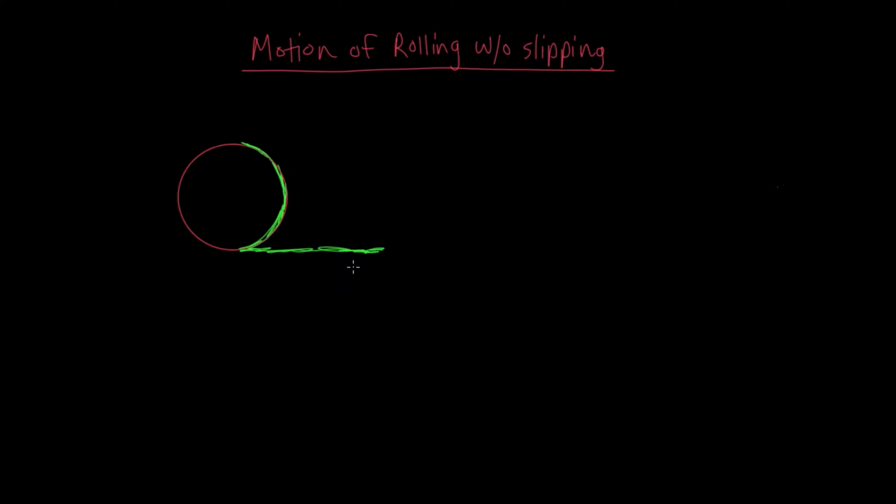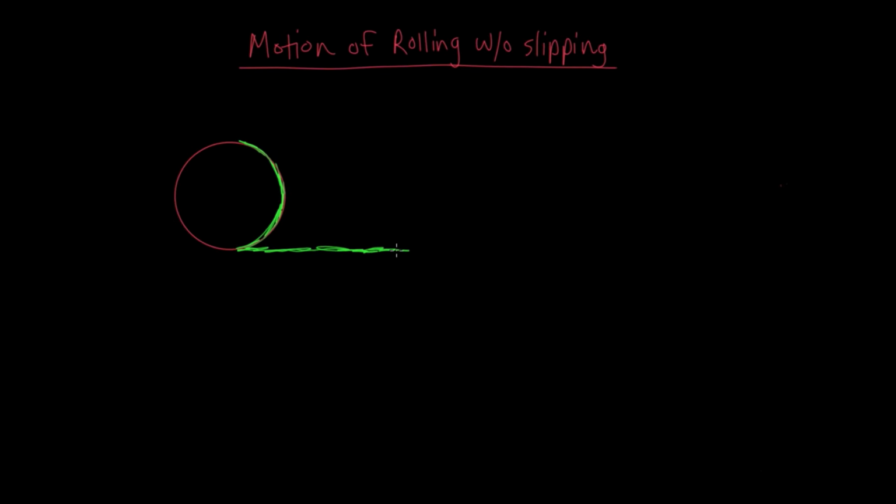All of the paint on the surface of the ball will get traced out onto the floor as it rolls. And so the object is going to rotate as it moves forward.